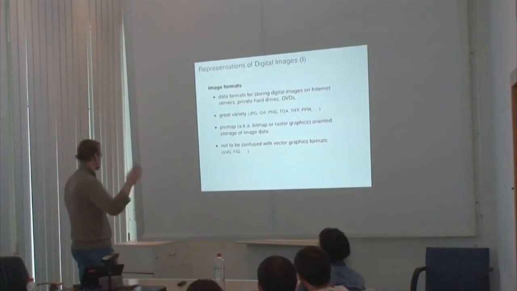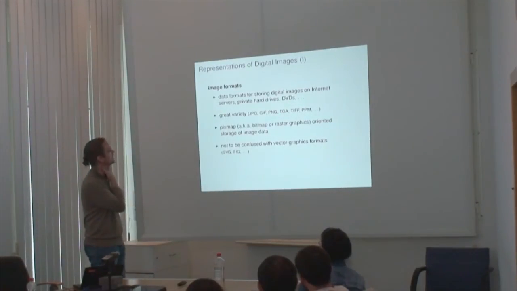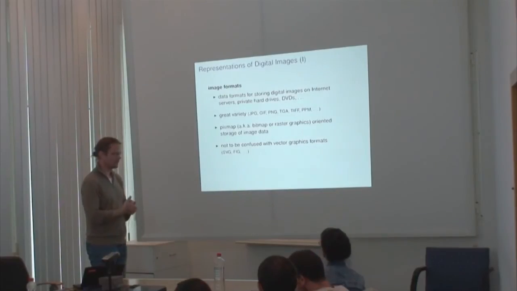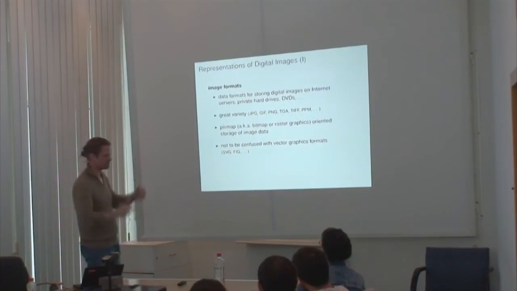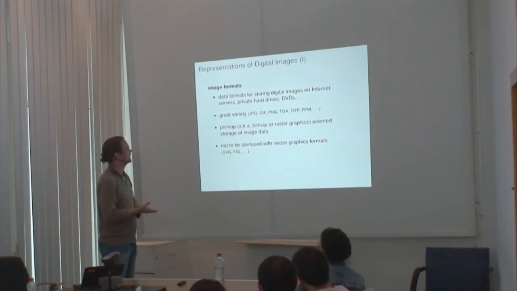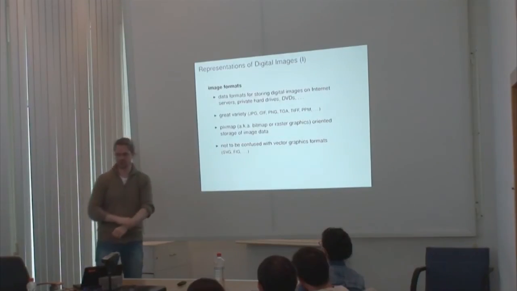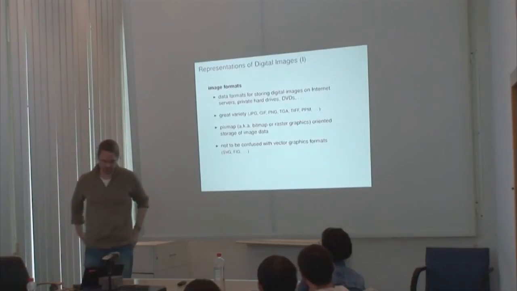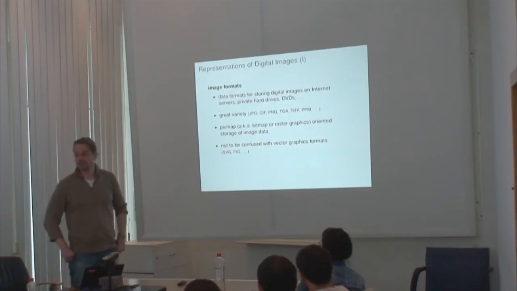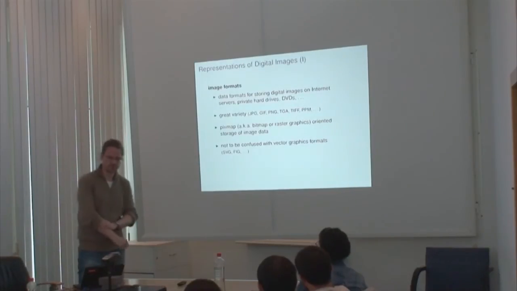So, really briefly, let's go back to these image formats. Image formats are protocols, basically recipes somebody has agreed on, for how to store images on the memory chip of your camera, on the hard drive of your computer, on some server somewhere, Facebook, whatever, or on DVDs. A DVD stores lots of images.